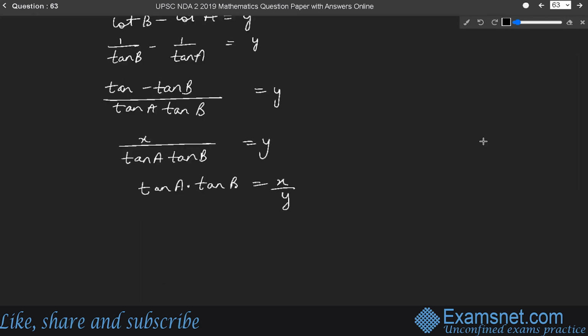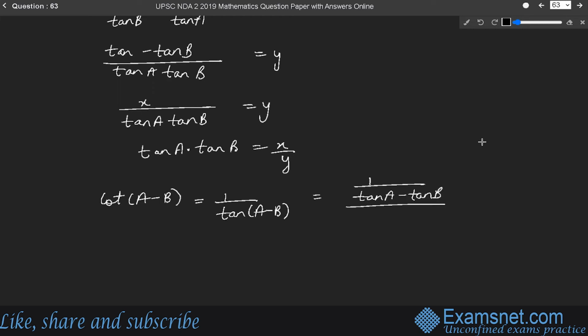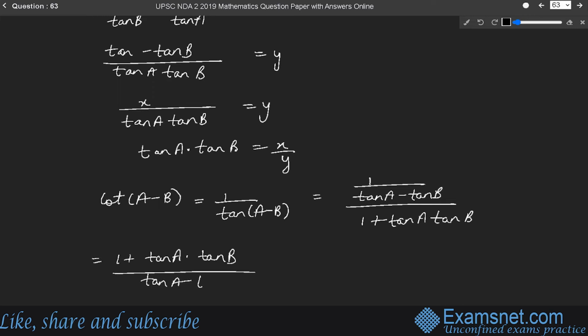We know that there is a formula for cot(A minus B). It is equal to 1 upon tan(A minus B), which is equal to 1 upon (tan A minus tan B) divided by (1 plus tan A into tan B). So this will be equal to (1 plus tan A into tan B) divided by (tan A minus tan B).